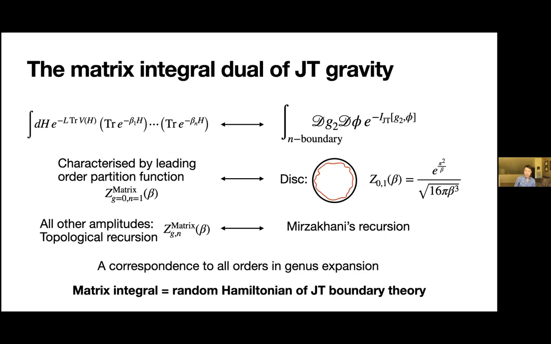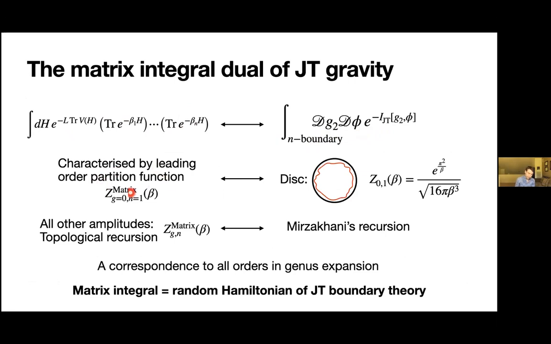And putting these things together, you learn that there's this duality between a matrix integral and JT. So this matrix integral is describing the path integral of JT gravity with n insertions of the partition function. You have these n boundaries in 2-dimensional gravity.